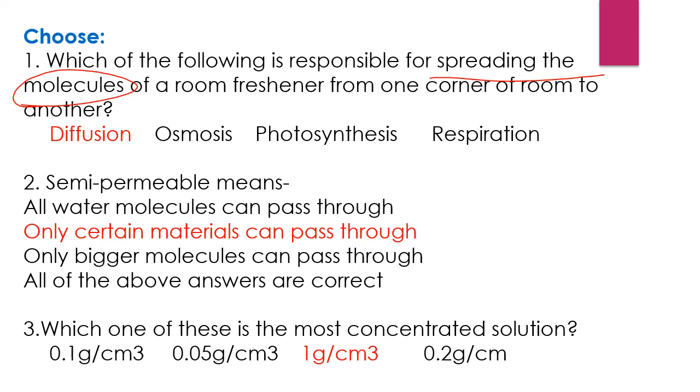Semi-permeable means, as we said, that it only allows certain materials to pass. Which of these numbers is the most concentrated solution? Of course, it's 1 gram per cubic centimeter.